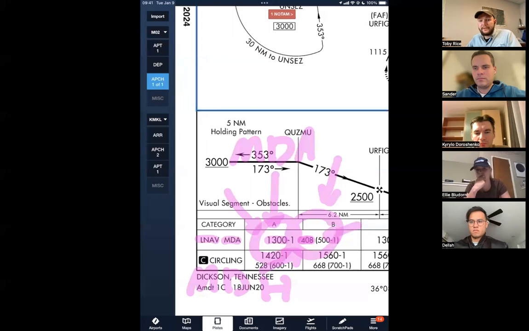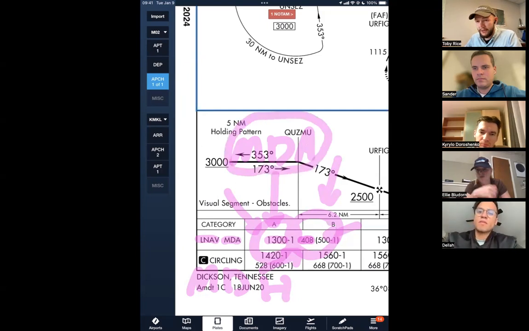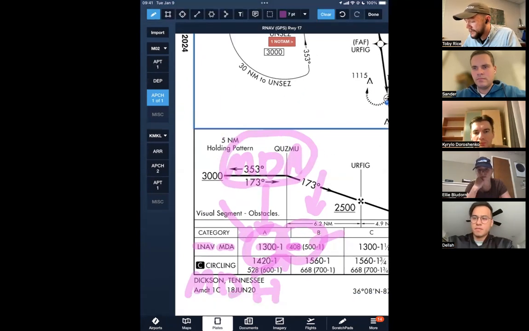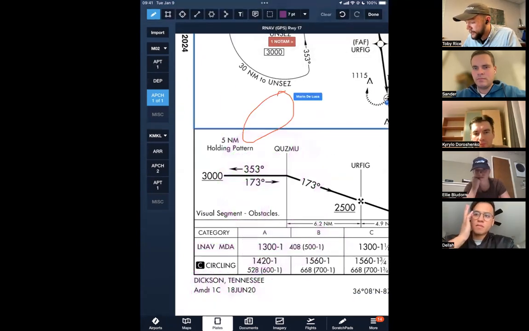A common misconception on these approaches is people think that they can descend below the MDA, and they cannot. You must make sure you never go below the MDA until you have all those points in sight. And I'll show you what those points are.